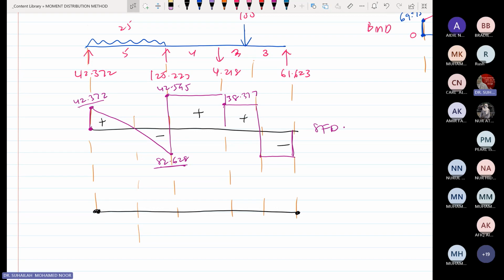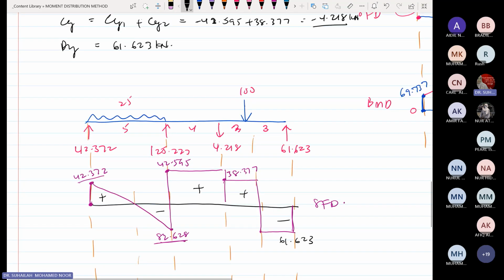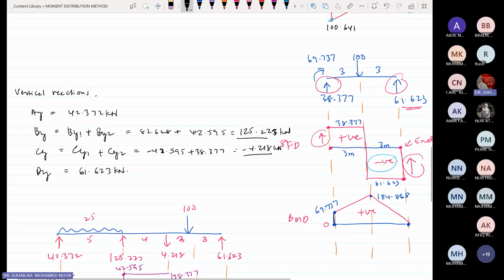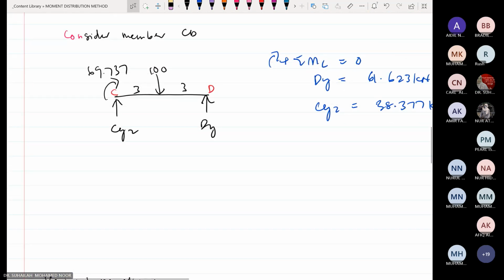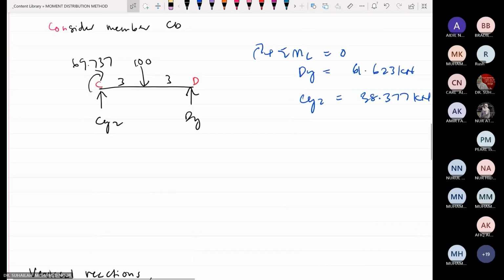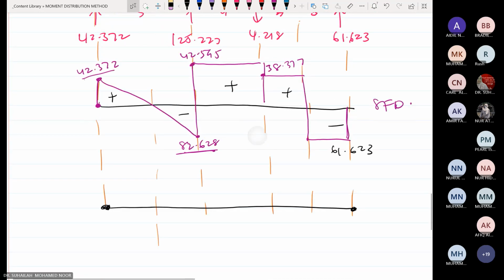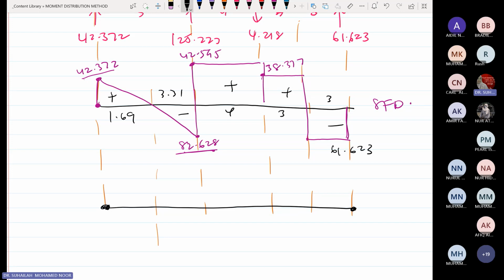Okay, nak cuba check before we end session tonight? Tadi yang ni 30, ni 60, ni 60, 61.623. Jarak ni tadi 1.69. This is 4, this is 3, this is 3.